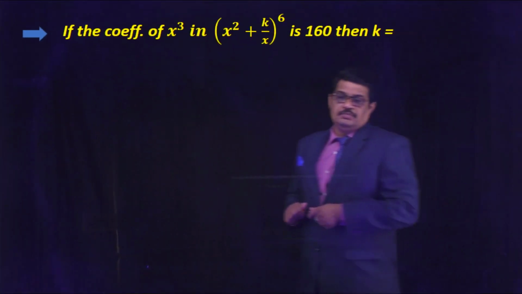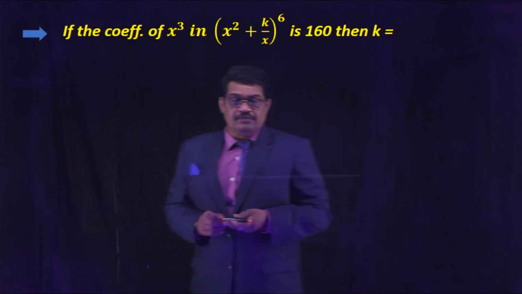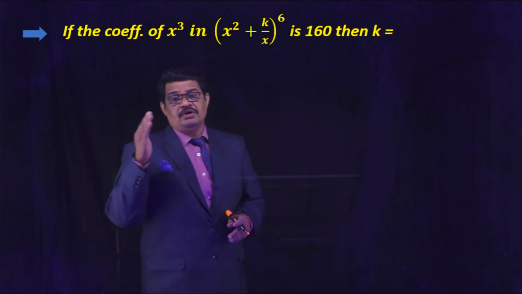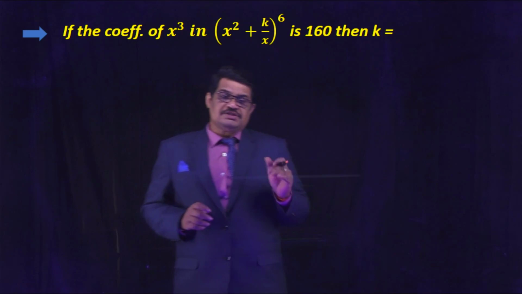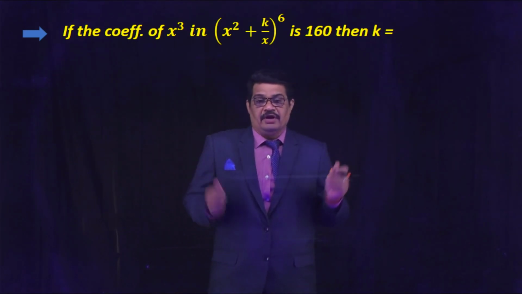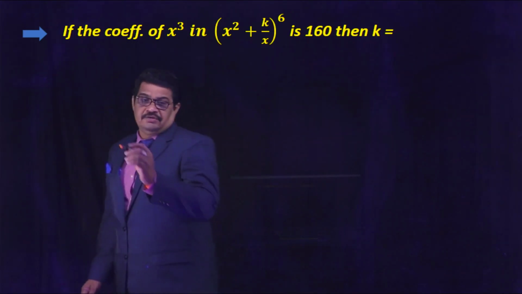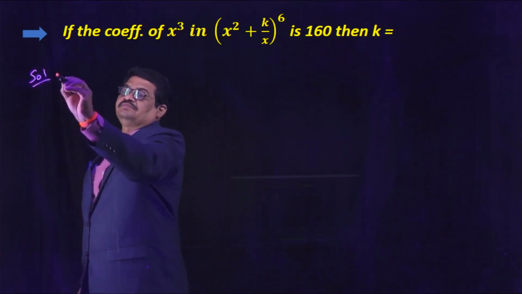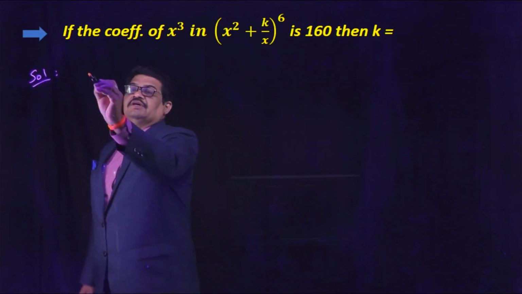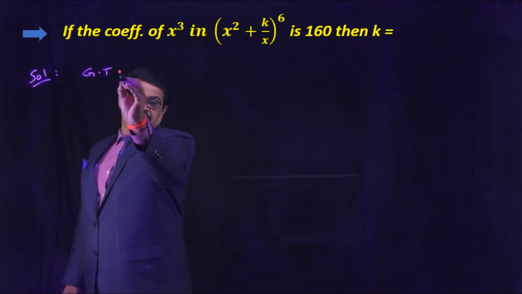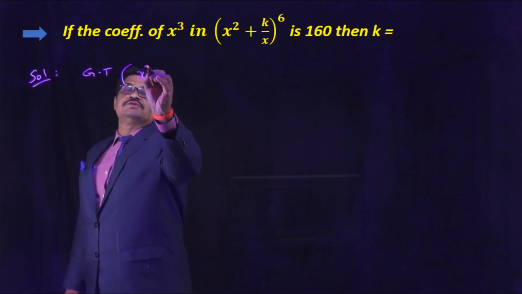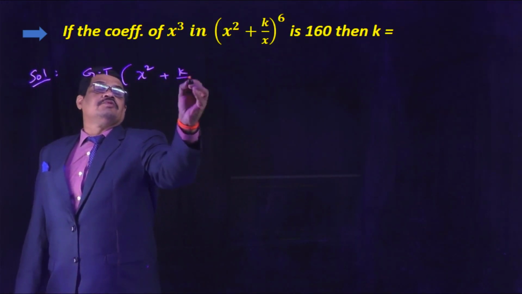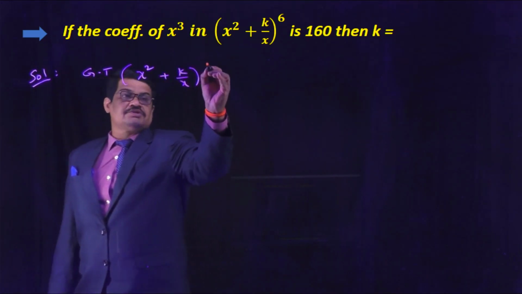Okay, so the problem. If the coefficient of x cube in the expression x square plus k by x whole power 6 is 160, then what is the k value? Now I have to find the value of k. Okay, so the solution. What is the given expression? Given that is x square plus k by x whole to the power of 6.